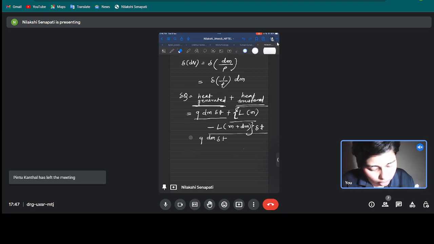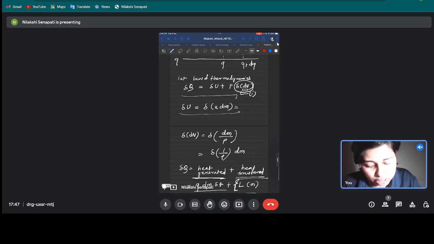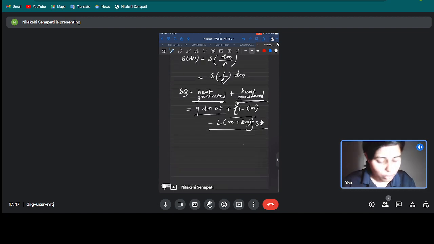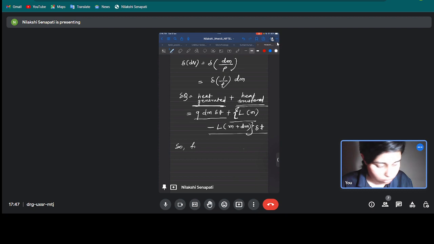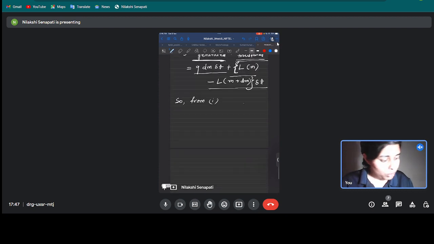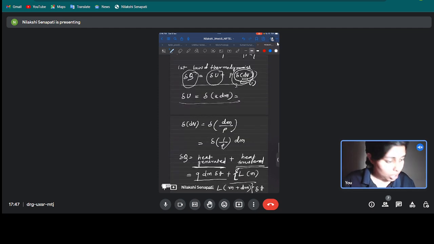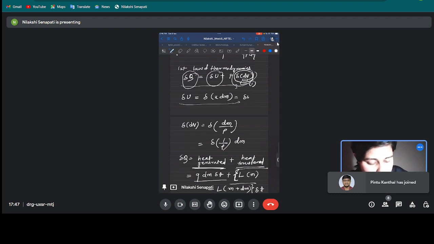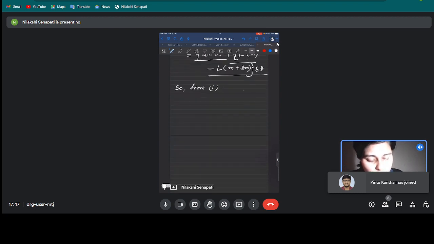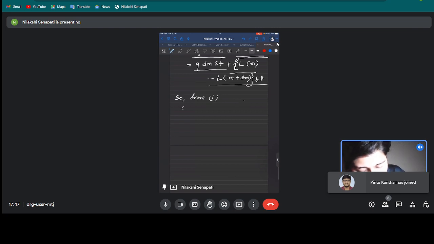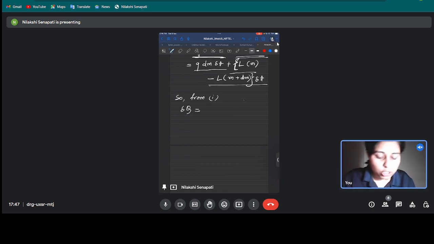So we now know all the three parameters that we need to use this first law of thermodynamics. First is delta q, second is delta u, third is delta dv. So from equation 1 and whatever we have written now, we can write the first law of thermodynamics in terms of these variables.